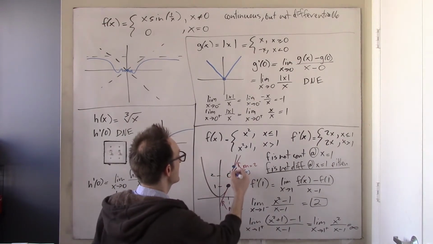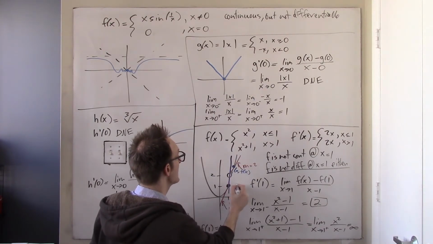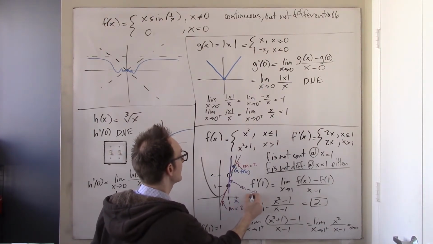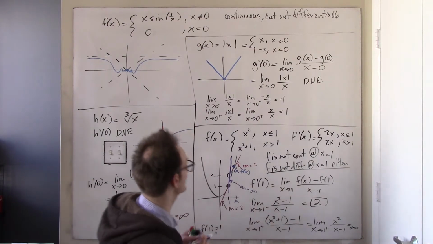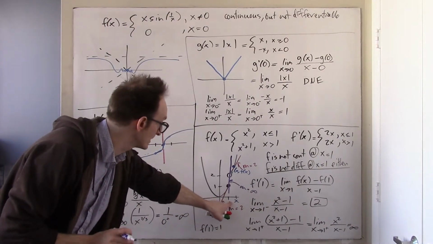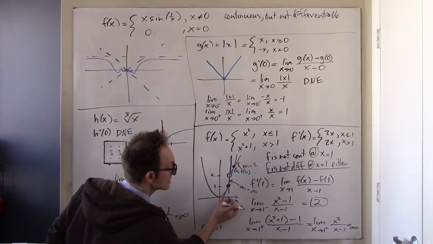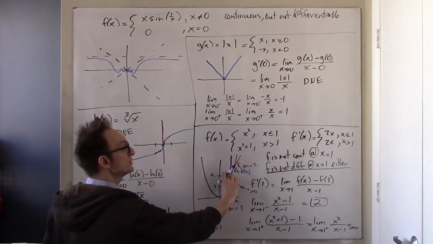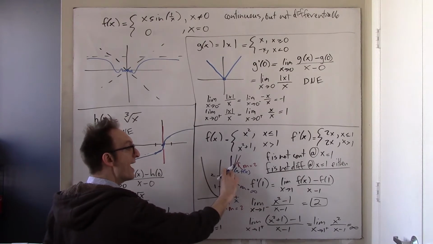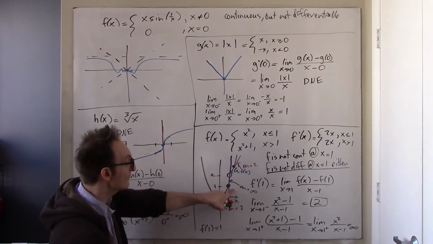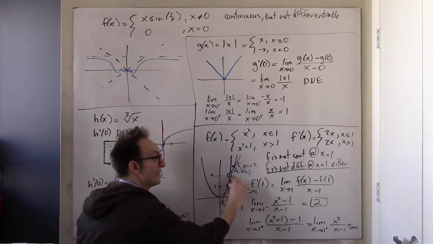That is to say, this line really does have slope infinity, because as x moves infinitely close to 1, the gap between x and 1 goes to 0, but the gap between the y value, f of x, and f of 1 stays big.